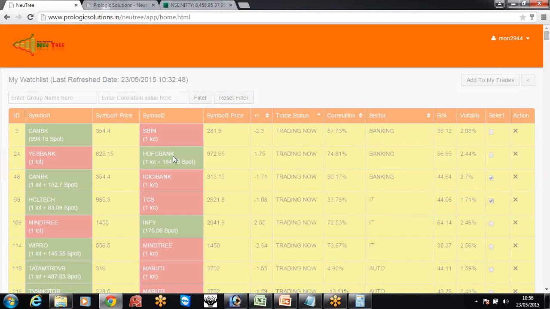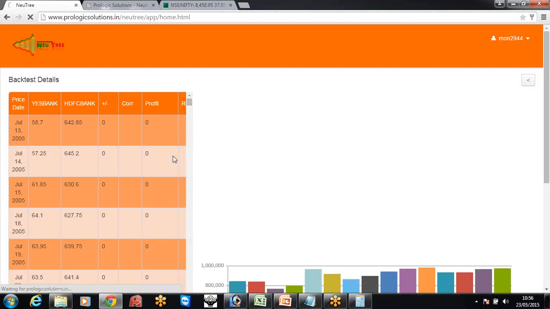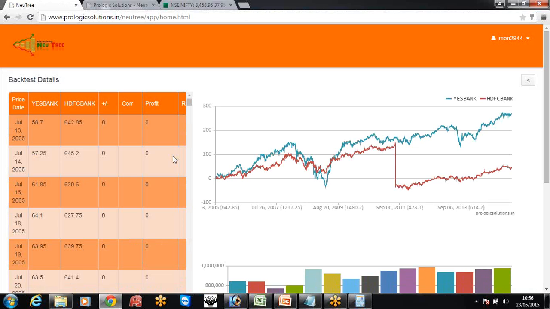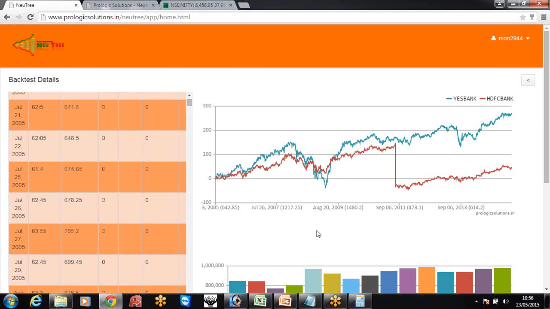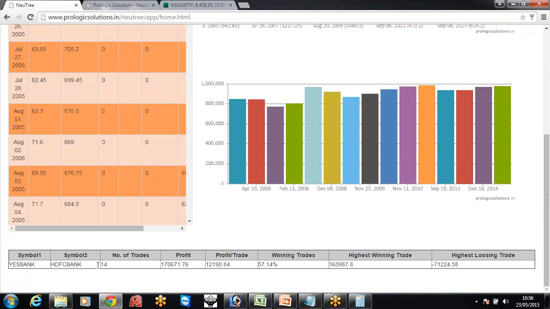Now let's come back to SBI, Yes Bank and HDFC. This particular pair has around 14 trades, with only 57% winning trades.